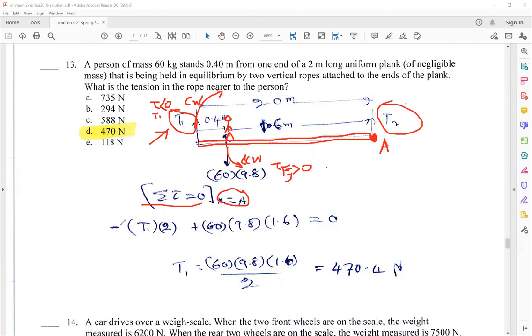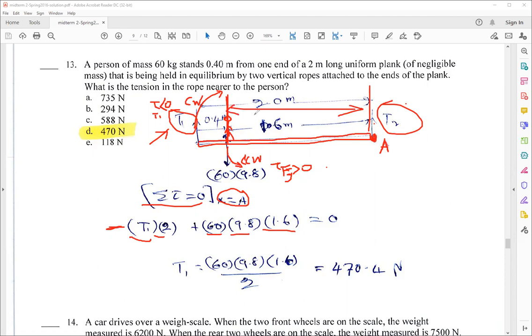Now we see here I do have a negative sign for the torque due to tension. So negative tension 1 times 2, plus the mass, 60 times gravity times 1.6. Of course, we're measuring the 1.6 from point A to where the man is standing.